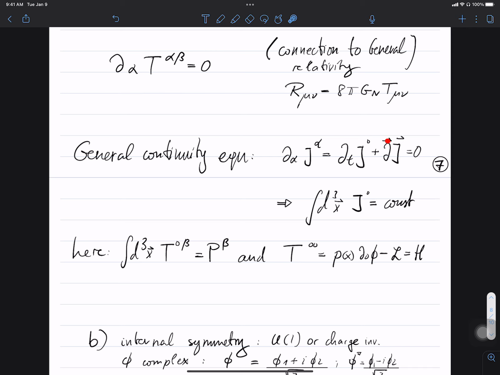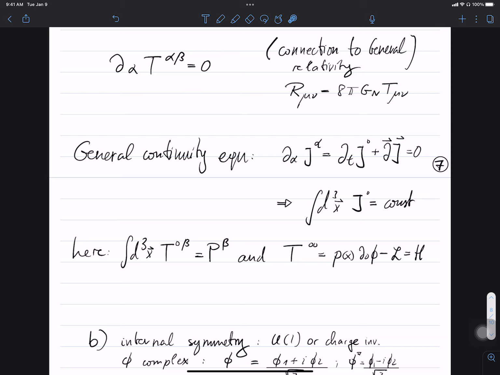I take the integral over the temporal component. I know that I can replace it by the divergence of the spatial current by setting those equal with the opposite sign. And as we discussed before, the integral over the divergence of the spatial current is just a boundary term. So you evaluate this current at the boundary. The boundary is infinitely far away, and we set the value of the current at the boundary to 0.